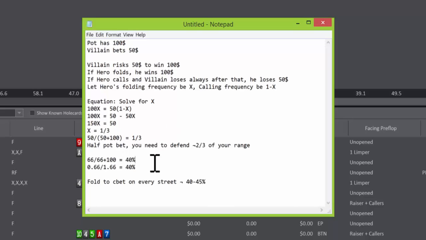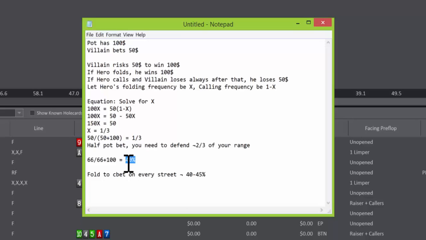So this is the amount that hero needs to fold in order for villain to have a profitable bluff here. So if we want to defend so-called optimally, because if we are folding less than 40%, then our opponent, if he's a good player, will not bluff as often.